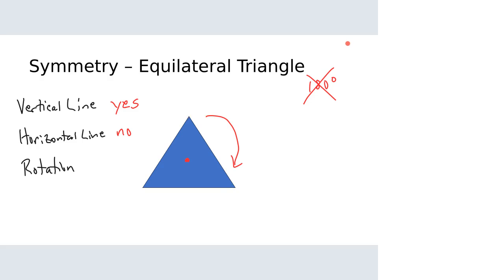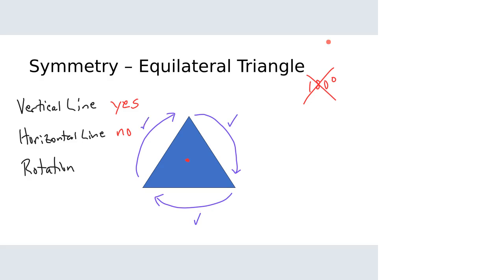It's a hard thing to think about at first, but bear with me here for a second. Essentially, that distance that I would have to rotate, however many degrees that is, to get this point down here, I would have to do that again, and then do that again to get back where we started. To get all the way around, I would do that rotation 1, 2, 3 times.